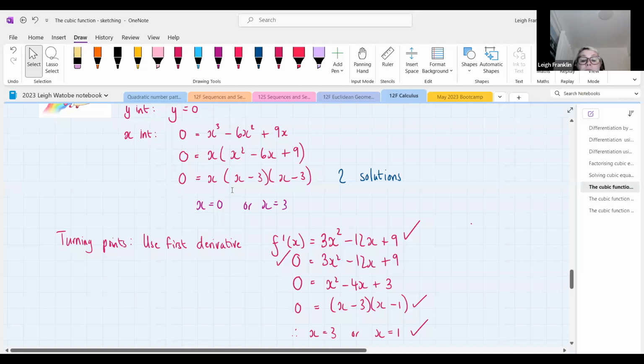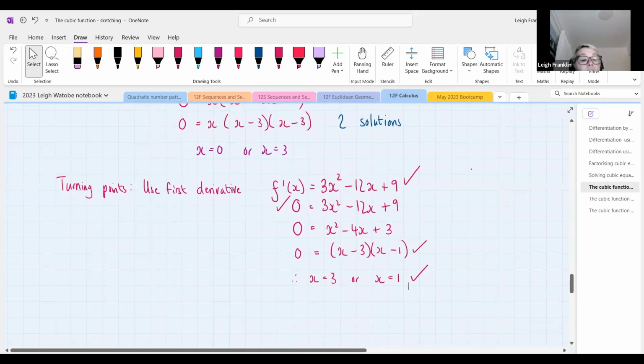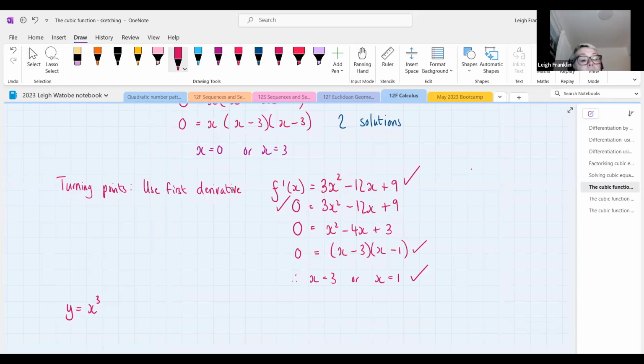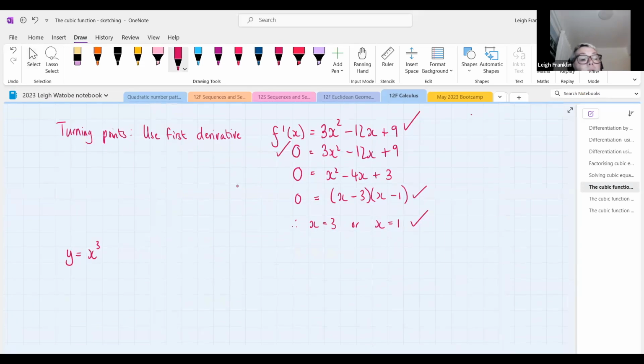In order to find the corresponding y's, we sub back into the original equation. So our original equation is y equals x cubed minus 6x squared plus 9x.